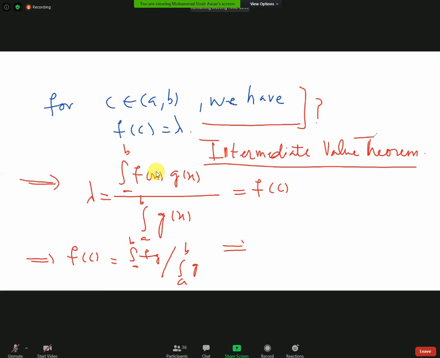So this implies the integral from a to b of f of x g of x is equal to f of c times the integral from a to b of g of x. So this completes the proof of the generalized mean value theorem. We will see the theorem again in the next lecture, God willing.